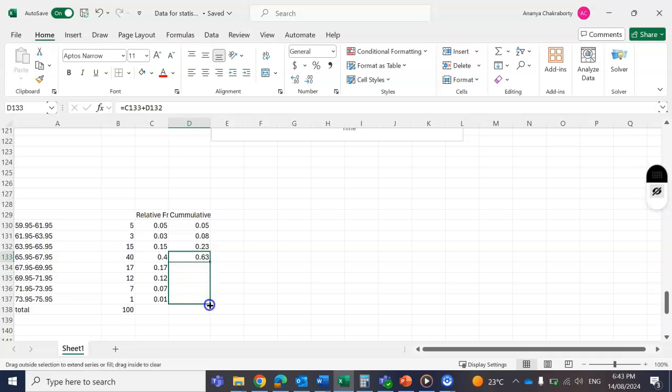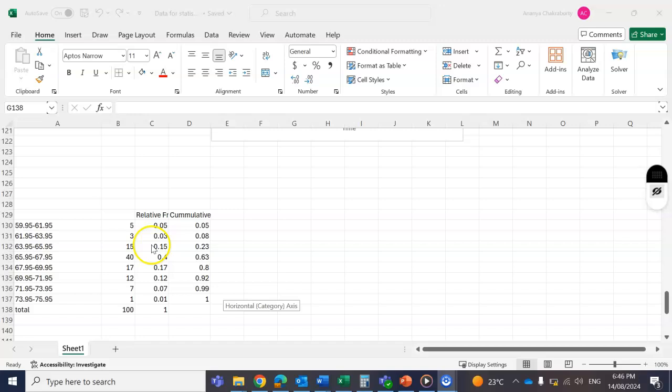You will know you calculated correctly when the last cumulative frequency is 1. Also, the addition of all the relative frequencies should be equal to 1.